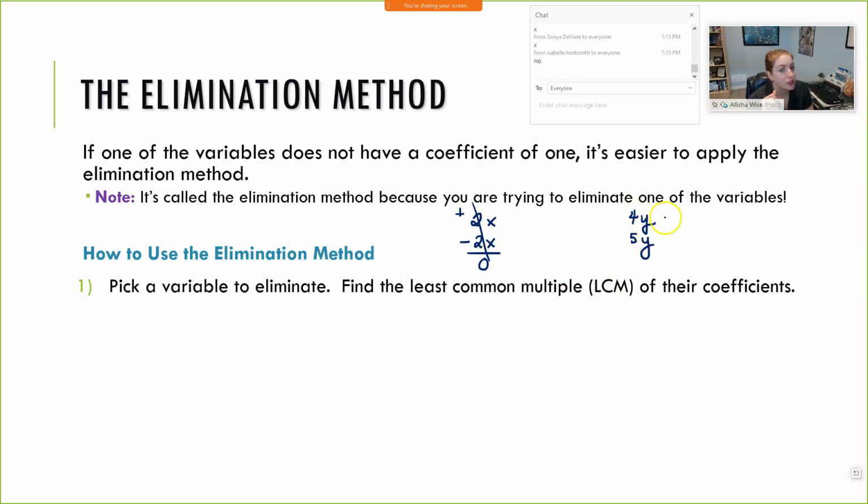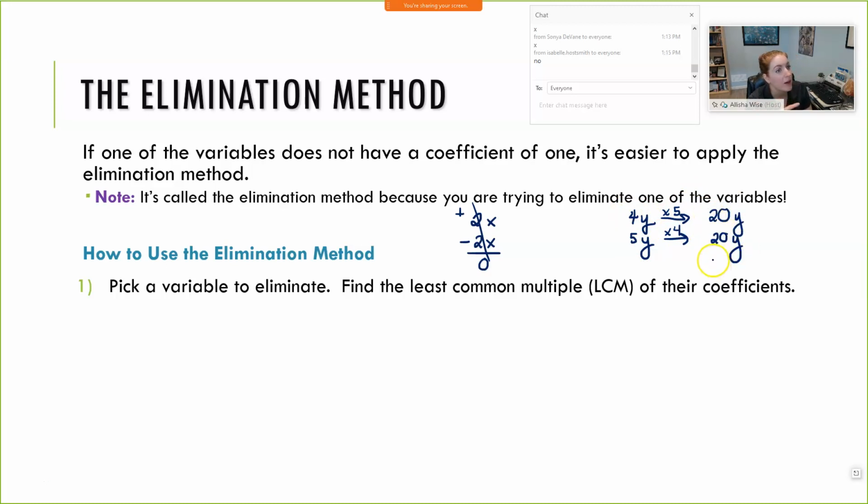So what you're going to have to do is multiply one or both of the equations by the opposite coefficient to change the entire equation such that these variables will cancel. My example here would be that we would multiply by the opposite coefficient, so 4 times 5 and 5 times 4. What ends up happening is you'll get 20y and 20y.